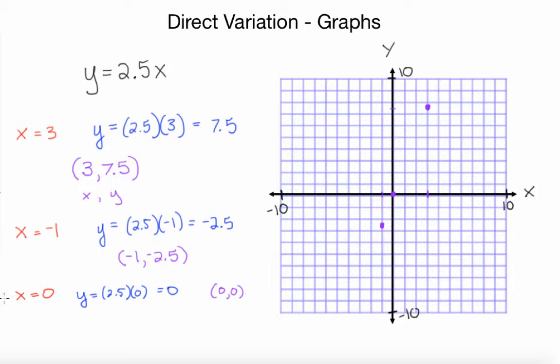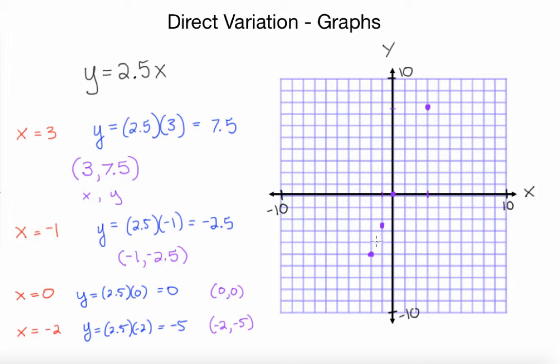And let's do x equals -2. If x equals -2, then y equals 2.5 times -2, which equals -5. So we've also got the point -2, -5 on my graph. So I'm going to go over -2, down 2, 3, 4, 5.